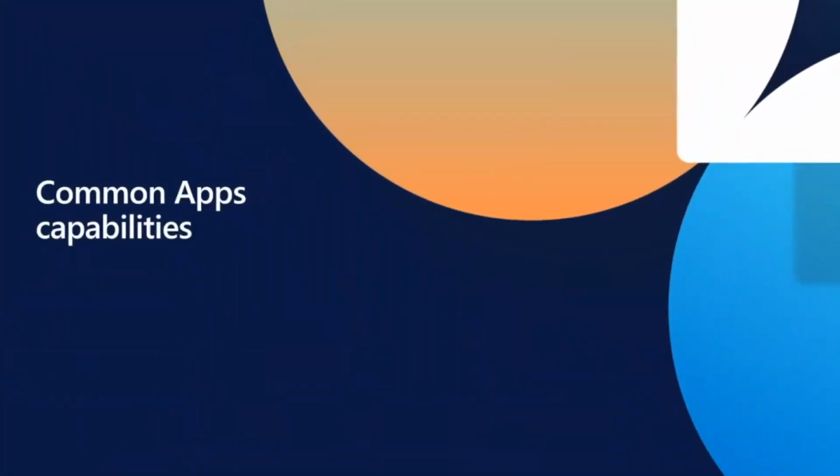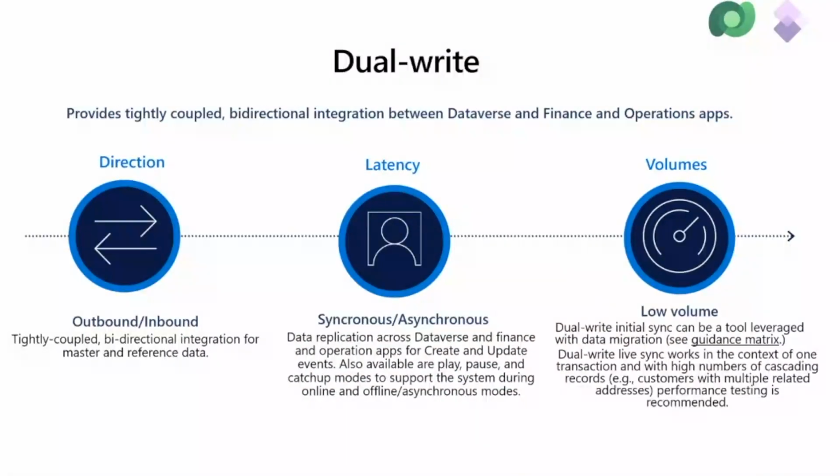Next, as anticipated, let's address the common capabilities across Dataverse and Dynamics 365 FNO apps. Starting with dual write. It provides tightly coupled bidirectional integration between finance and operations apps and Dataverse. There is a platform component to dual write that actually enables the integration, and an application component that provides dedicated packages for integration flows like finance, supply chain management, notes integration, and prospect-to-cash processes.